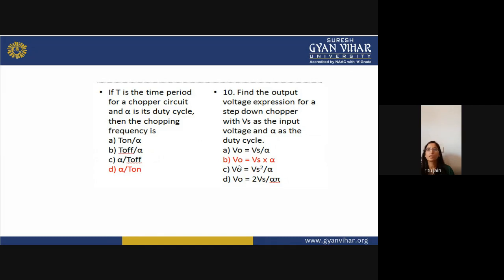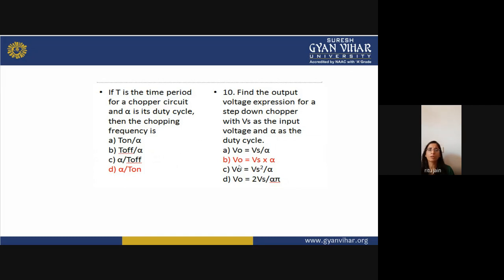Now the next question is, find the output voltage expression for a step-down chopper with Vs as the input voltage and alpha as the duty cycle. So, right answer is your B. The output voltage is equal to the input voltage times the duty cycle for a step-down chopper, because the duty cycle is T on upon T, which is always less than 1.